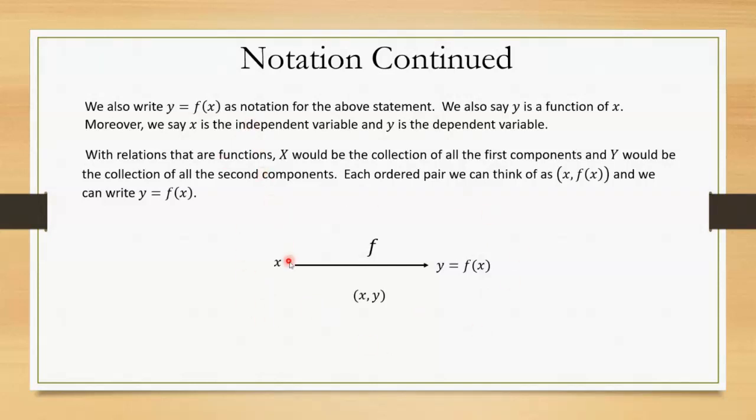It's really just saying the same stuff I said before. X goes into the function f. What comes out is y equals f of x. We also say y is a function of x in this case. It's just what I was saying up here. Okay. I hope that makes sense.